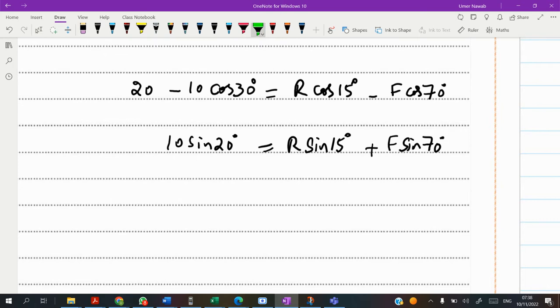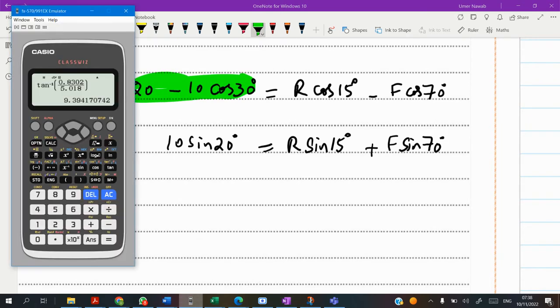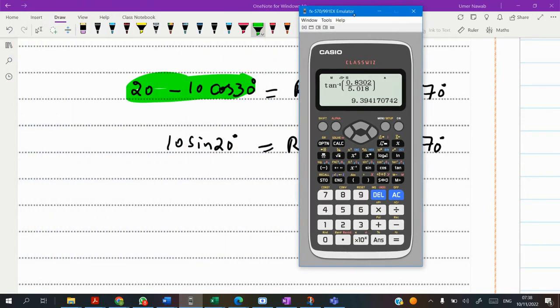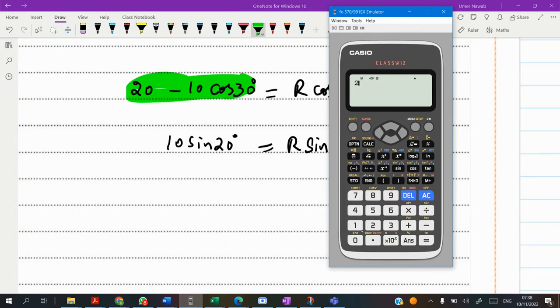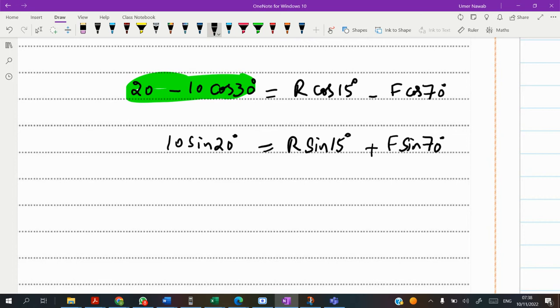Now I would suggest you simplify this expression with a calculator and try to write it to four significant figures. So 20 minus 10 cosine of 30. What is the answer? We got 11.34.